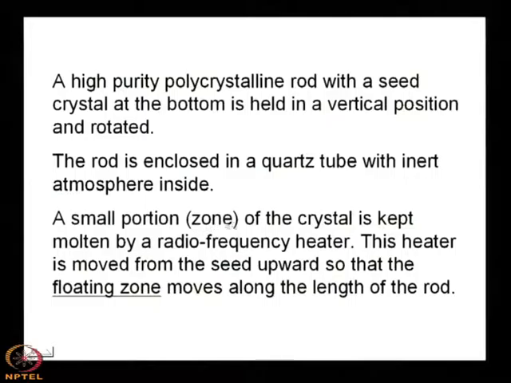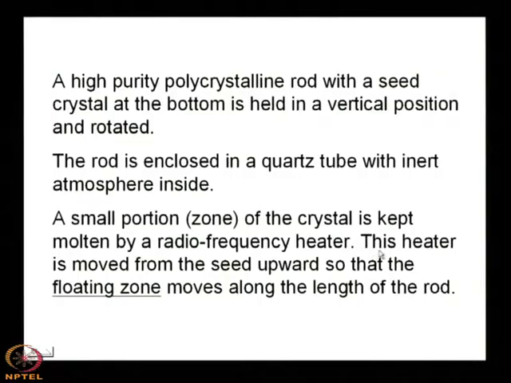Zone comes from the concept that a small portion of the crystal is kept molten by an RF heater, radio frequency heater. This heater is moved from the seed upward, so that the floating zone moves along the length of the rod. So, float zone comes from this concept that the zone moves.